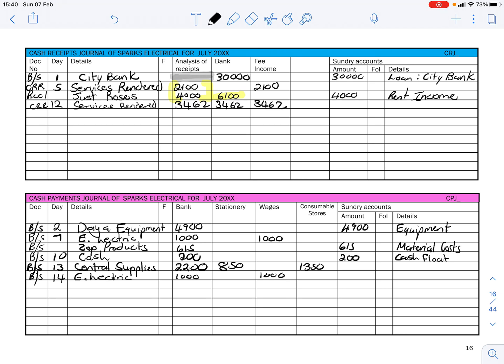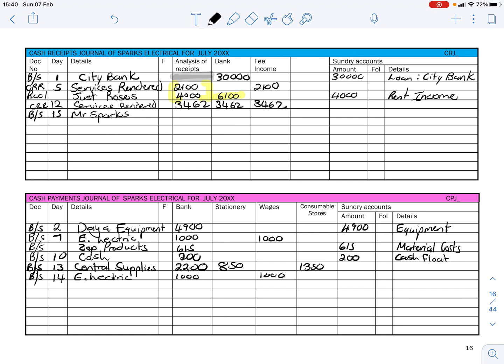On the 15th, Mr. Sparks instructed the bank to transfer 10,000 Rand from his personal account to the business's account in order to improve cash flow. So, on the 15th, if it's a direct transfer from his account to the business's account, we use a bank statement because an EFT has taken place. Our detail would be the name of the owner, who is Mr. Sparks.